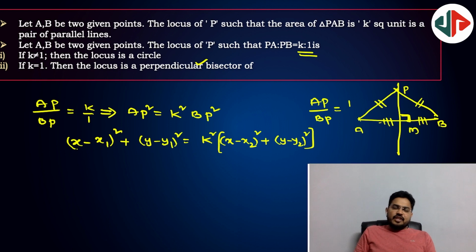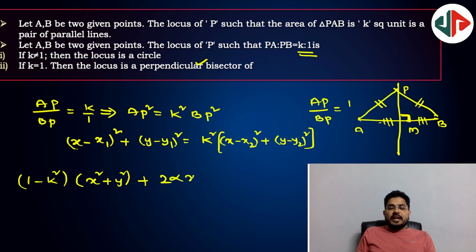On simplification, you are going to get (1 minus K square) into (x square plus y square) plus some 2 alpha x plus 2 beta y plus c is equal to 0.